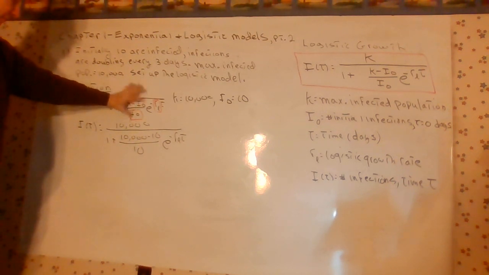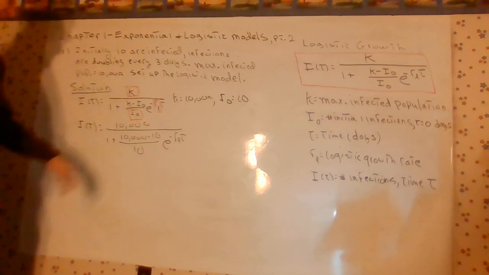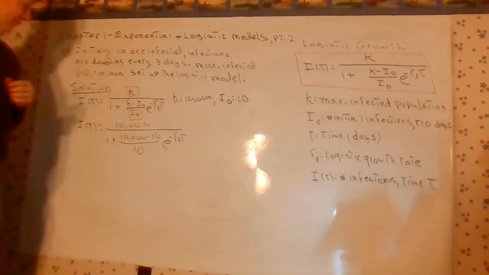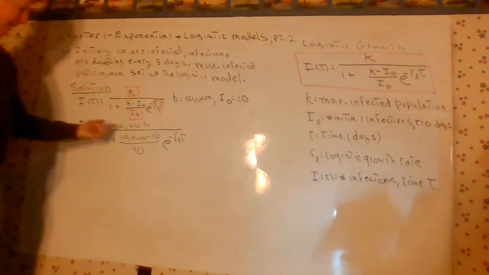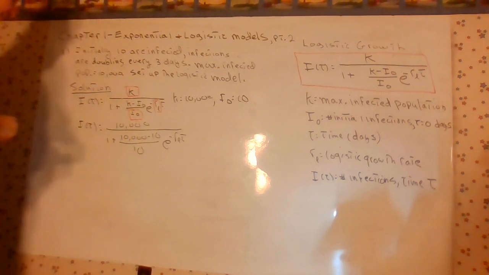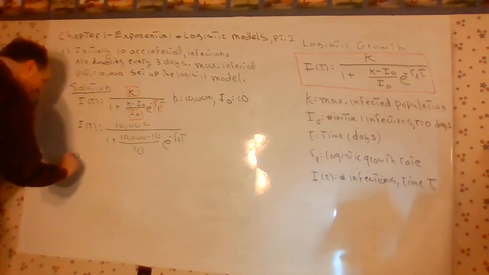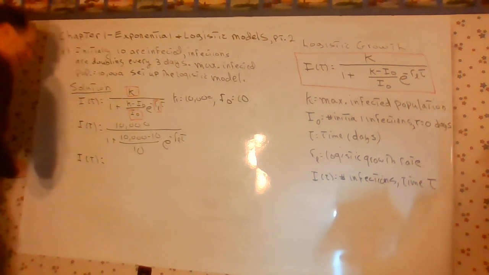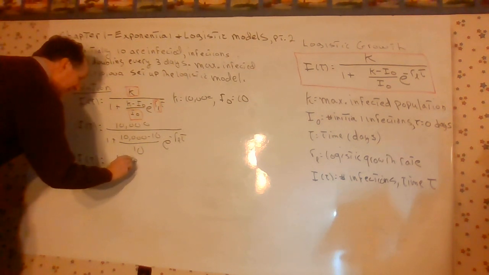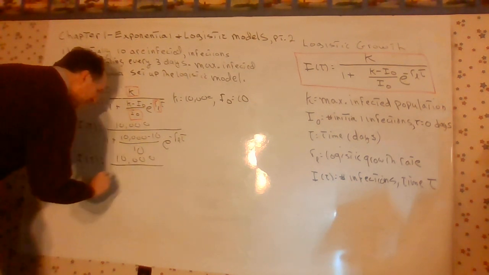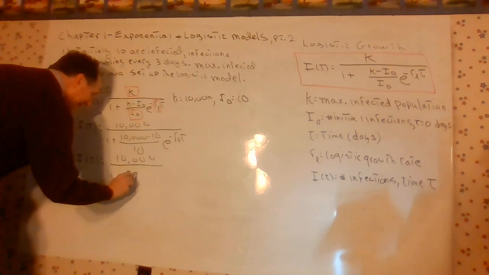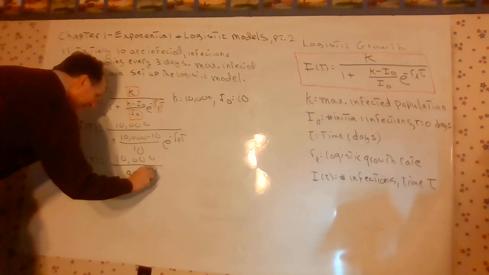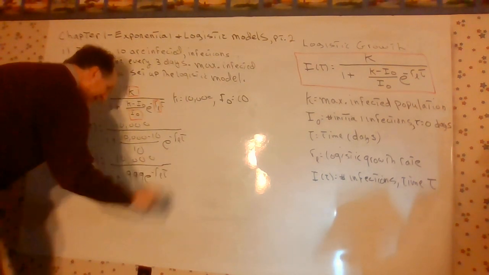There are 2 different K's and 2 different I0's. Now, 10,000 minus 10 is equal to 9,990, divided by 10 is 999. So you can simplify this equation considerably: 10,000 over 1 plus 999 e to the minus R_L t.